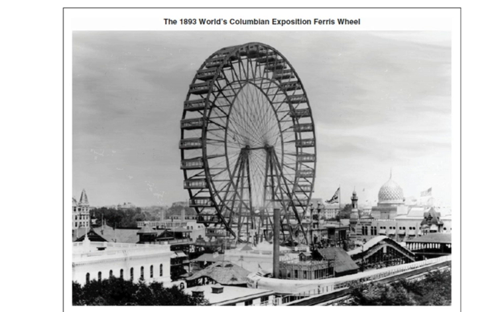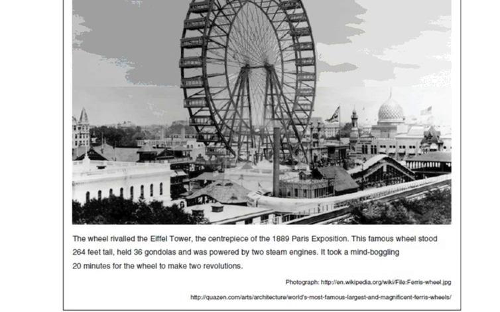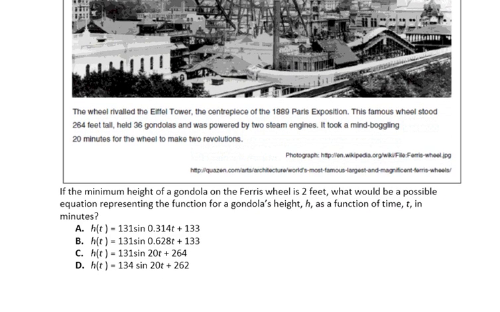1893. I don't know if I'd actually want to get on this Ferris wheel. Columbian Exposition Ferris wheel. Giant. So another application problem. It says the wheel rivaled the Eiffel Tower, the centerpiece of the 1889 Paris Exposition.